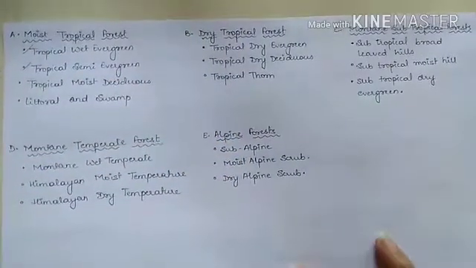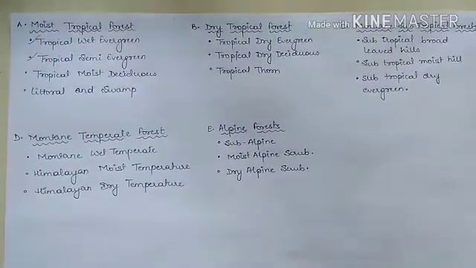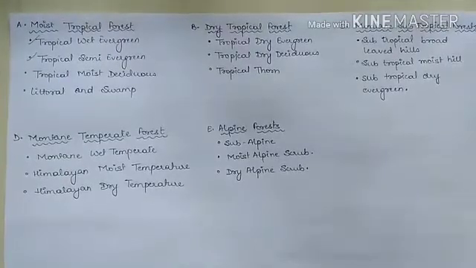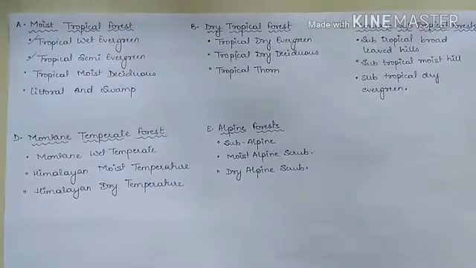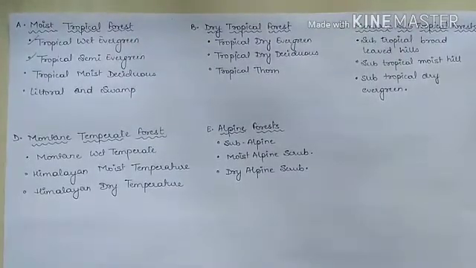Then next we have tropical moist deciduous forest. These are forest areas found where the average rainfall is about 100 to 200 centimeters per annum. The mean annual temperature is 27 degrees Celsius, whereas the humidity is 60 to 75%.